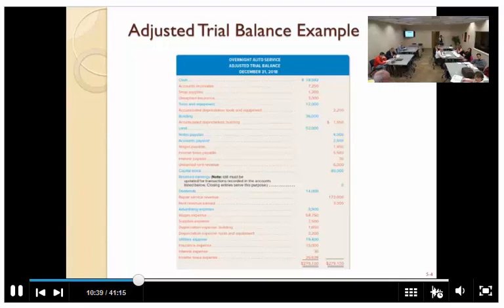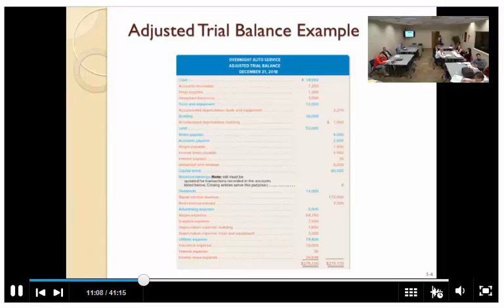So, I told you that the original purpose of the trial balance in the days of manual accounting is to make sure that debits equal credits. Now, as a practitioner, I get a hold of a client's trial balance and I want to know, is this shop supplies balance at the beginning of the year or have you adjusted it for the end of the year?